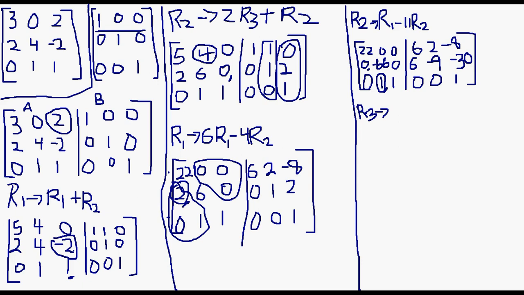I think 66 root 2 minus 66 root 3. No, it won't be minus. It will what? Isn't it root 2 is 66? It's negative 66. Ah, okay. So it should be root 2 what?